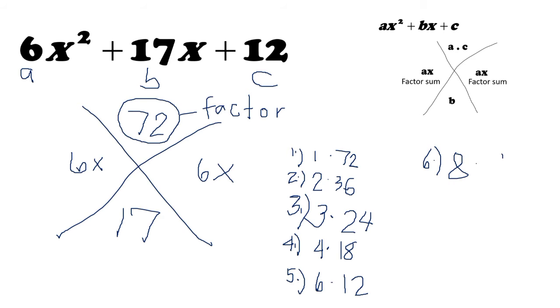Take note that to get the factor, we also consider the sign of both the linear term and the constant term. Since the linear term is positive 17, we only consider positive numbers.